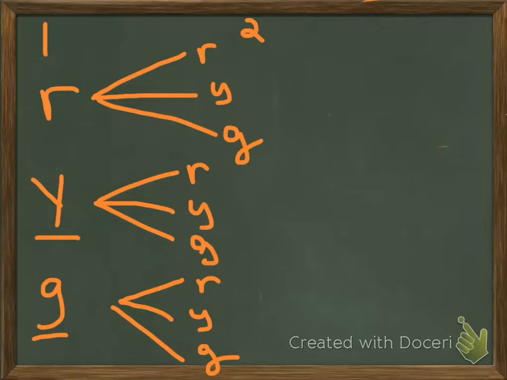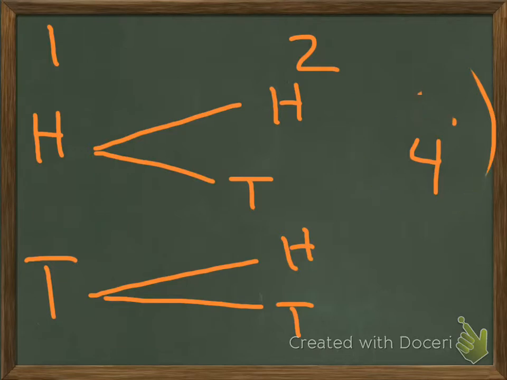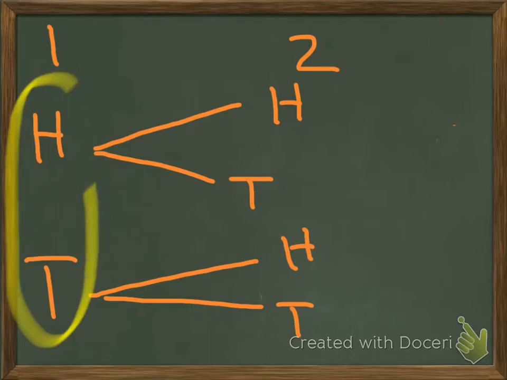Okay, let's try to do this without having to draw out these pictures. Let's go back over here to the coin toss. Okay. I want you to notice that when there are two possibles at the beginning, when we do it once, it's 2 to the 1 power, okay?